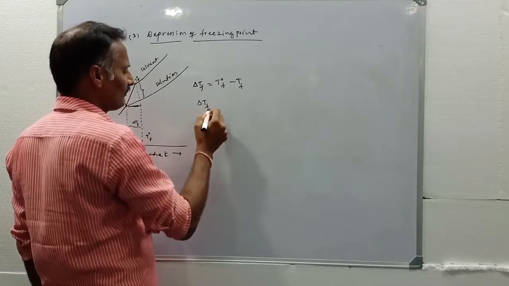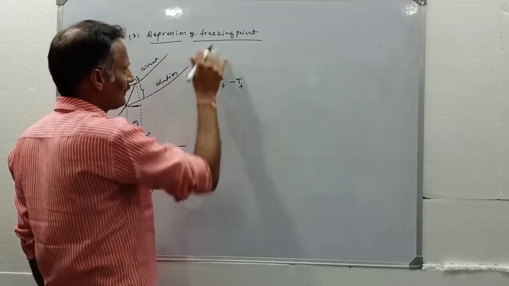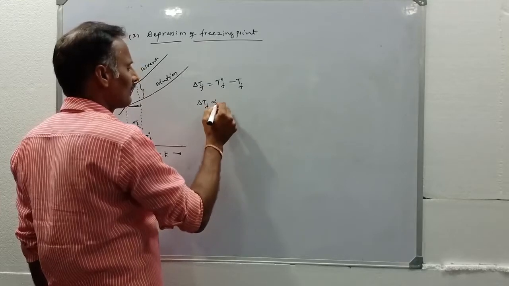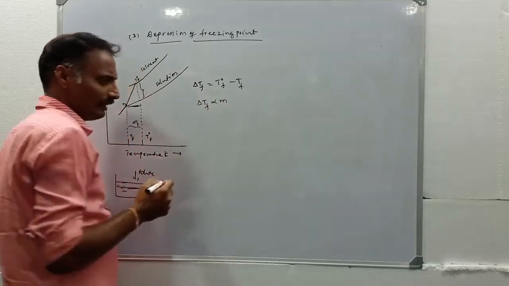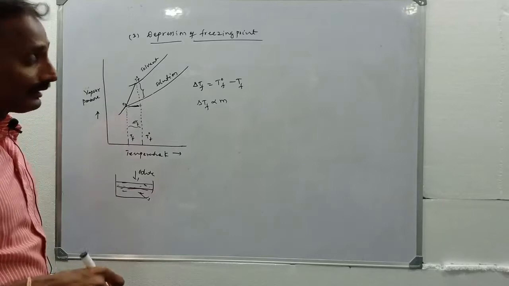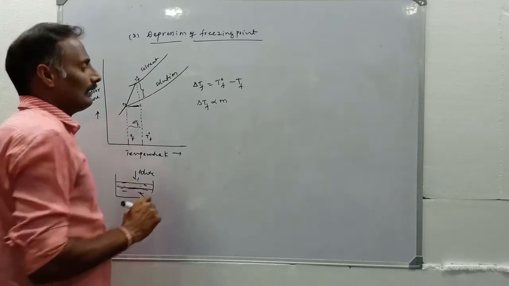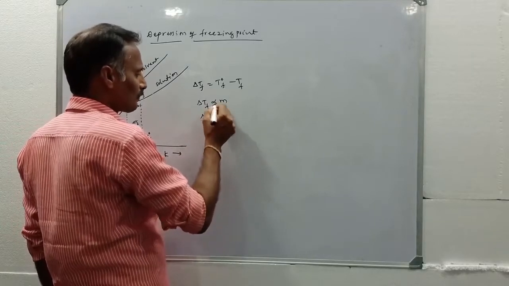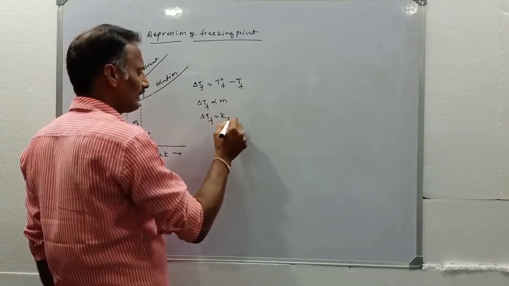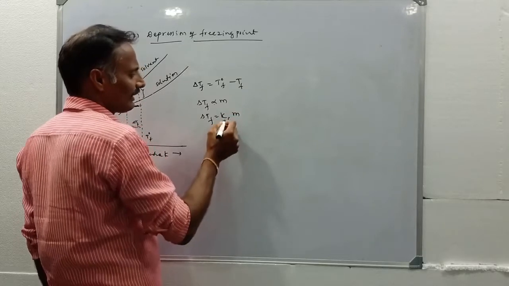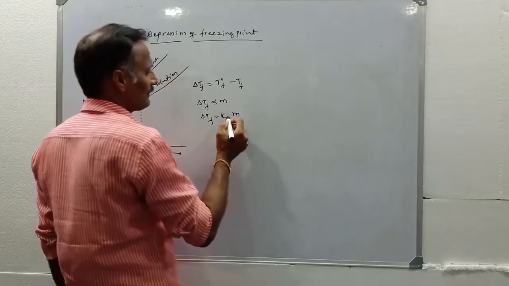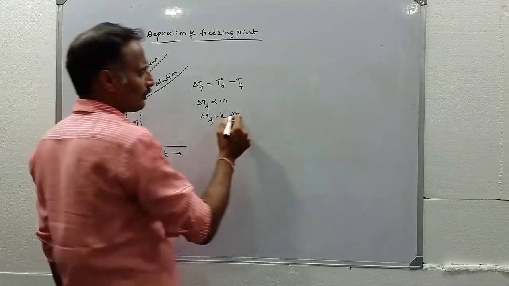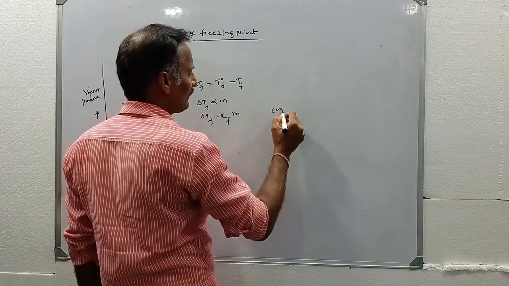Next, delta TF, that is depression of freezing point, is a colligative property, and it is directly proportional to the molality of the solution. Molality means the concentration of solute particles in the solution. Removing the proportionality sign, we take a new constant Kf, multiplied by m, where Kf is called the depression of freezing point constant, or the cryoscopic constant.